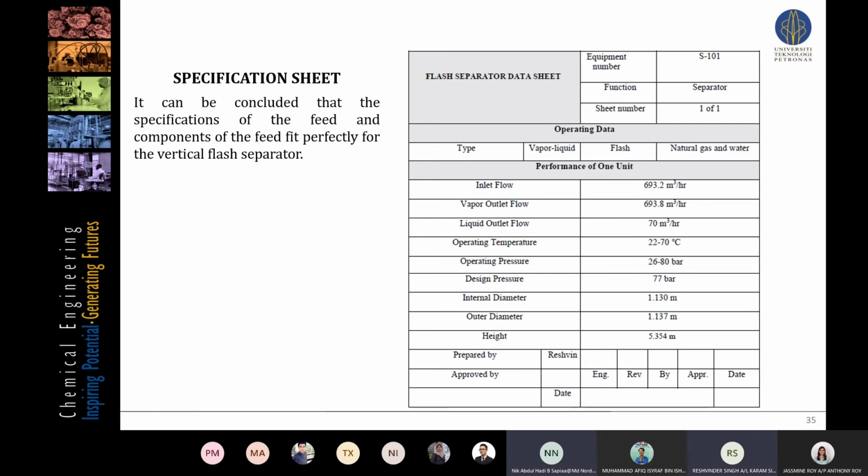From the HAZOP, sir. I don't think it's this high. In your case study, your problem statement, how much liquid is there? It's about, wait, 1 minute, sir.